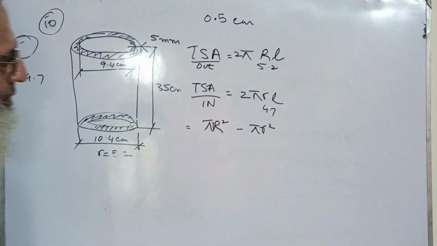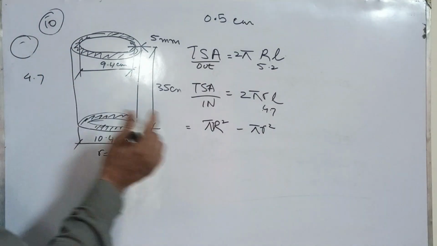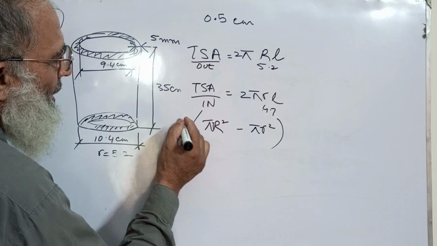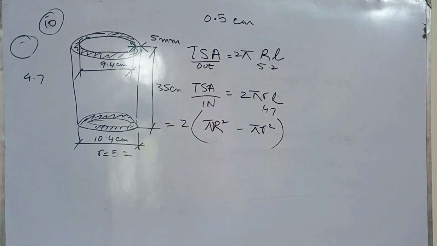Now since there are 2, you will multiply it with 2. So this is your total answer. Okay, if you want me to calculate it, you can just contact me.